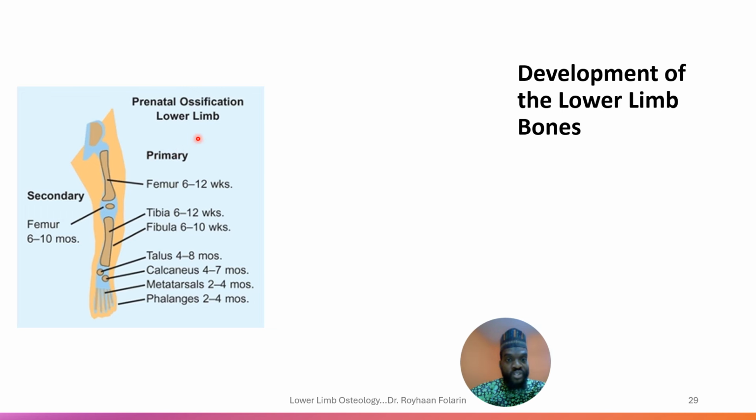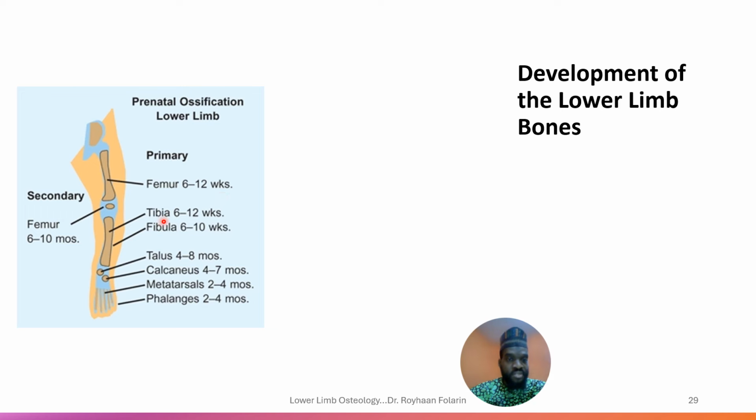the primary ossification of the lower limbs occurs, of course, prenatally. So the ossification centers appear prenatally in the fetal age before the child is born. For the femur, the primary ossification center in the diaphysis appears between 6 to 12 gestational weeks.